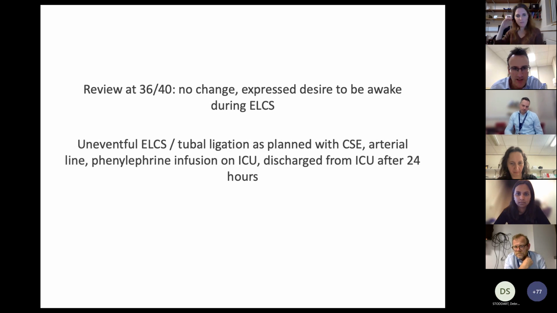She did undergo an elective section shortly afterwards with tubal ligation, awake with the CSE, monitored with an art line, ended up going to ICU electively for 24 hours, but didn't misbehave, and was on a phenylephrine infusion coming out of the section into ICU, which was weaned.